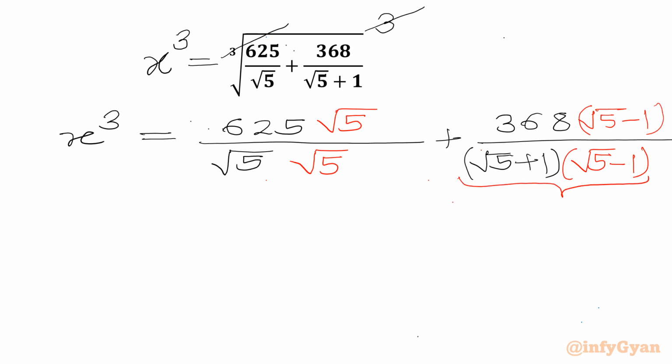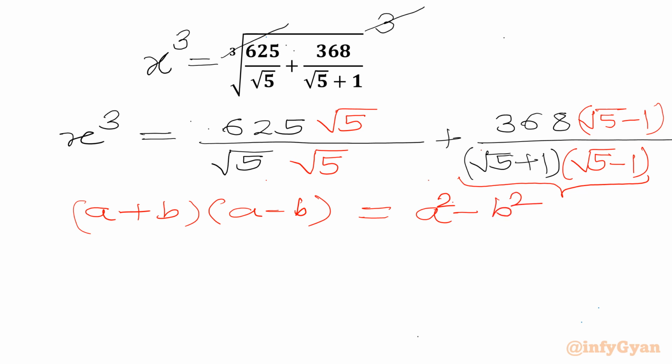Now we have a plus b times a minus b form in the denominator. So we can use the difference of two squares formula.